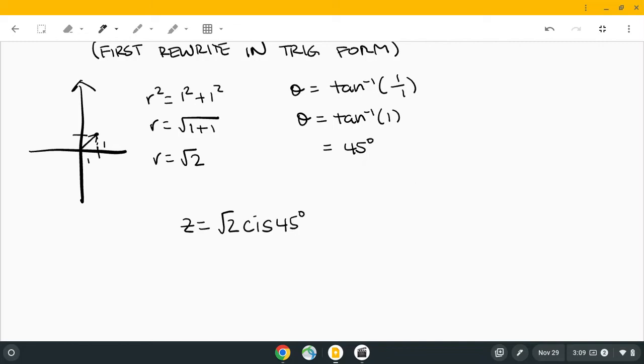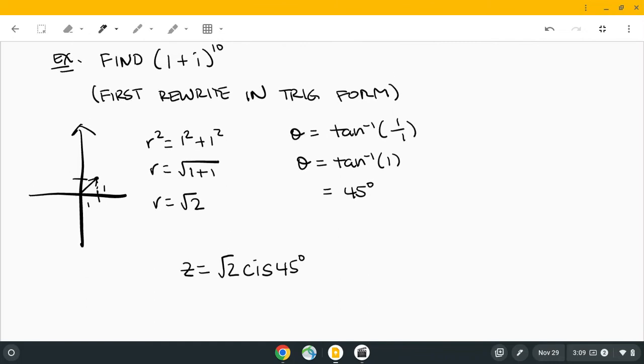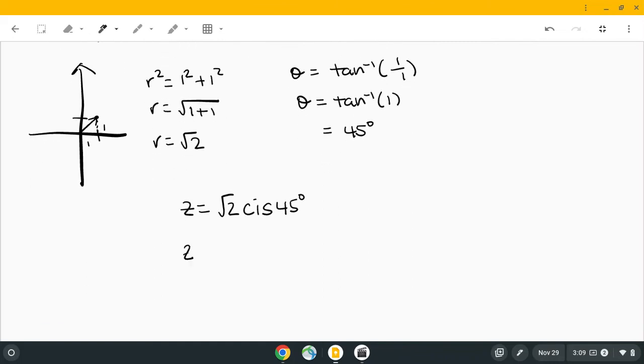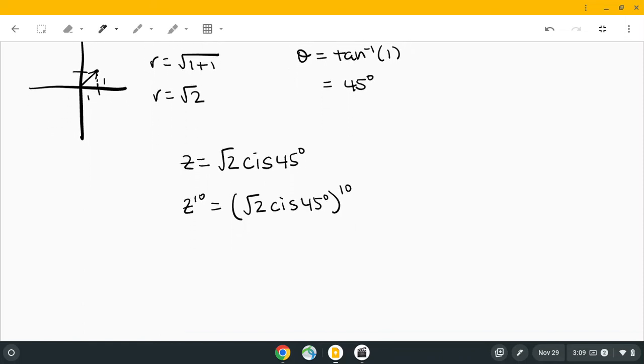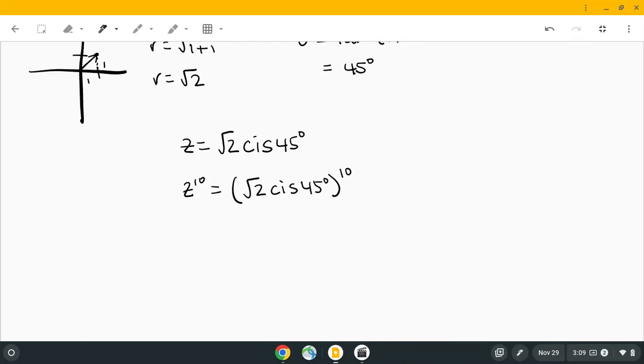Okay, so if I want to do the 10th power, z to the 10th power is square root 2 cis 45 degrees to the 10th power. So this becomes square root 2 to the 10th cis 10 times 45.